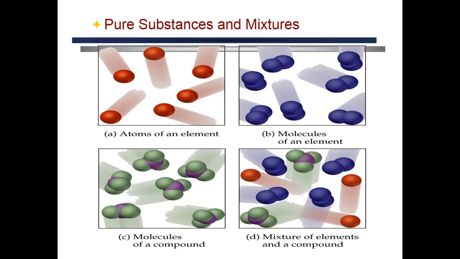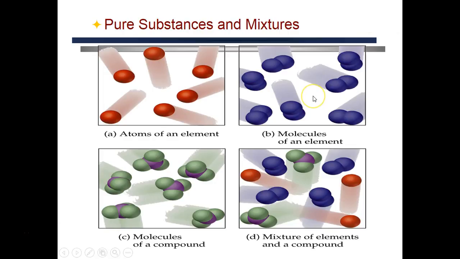So let's dig into this a little bit. Looking at these diagrams, in the first one we have atoms of an element. Notice that all of the spheres here are the same, and they are not physically or chemically joined to anything else. So that would be an example of an element.